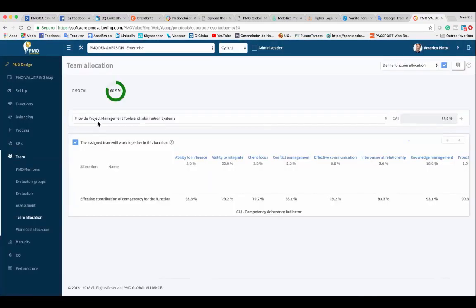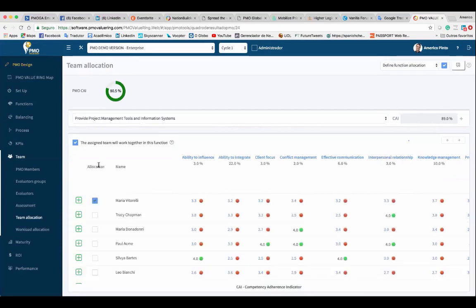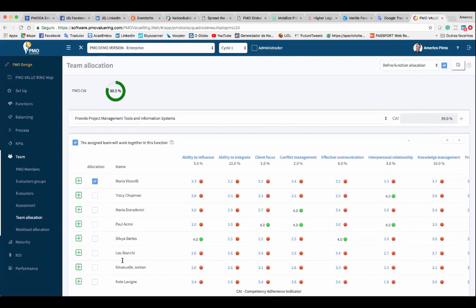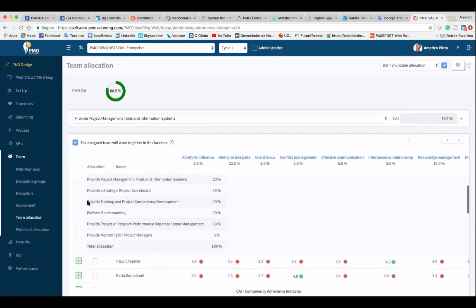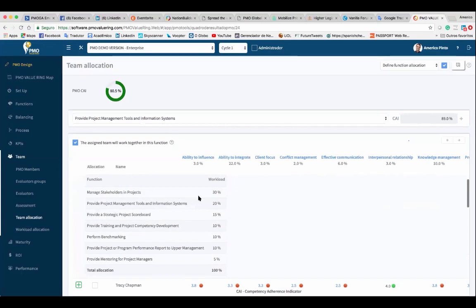Again, we are here in the project management tools and information systems, right? And we have all our resources, and we know that Maria is allocated. If you click here on the green plus, you will see every function that Maria was allocated and the estimate of workload that Maria will have in each function.